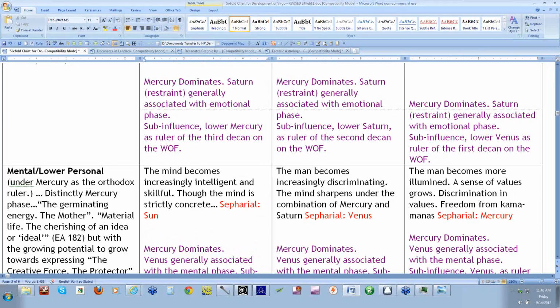When it comes to Venus, some sense of some discrimination in values is really operating here. When it comes to Mercury, for the 30 to 20 stage, if we want to apply Sepharial's idea, then it is a place where the lower concrete mind is stimulated.